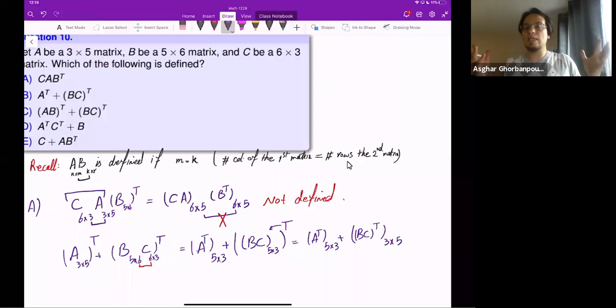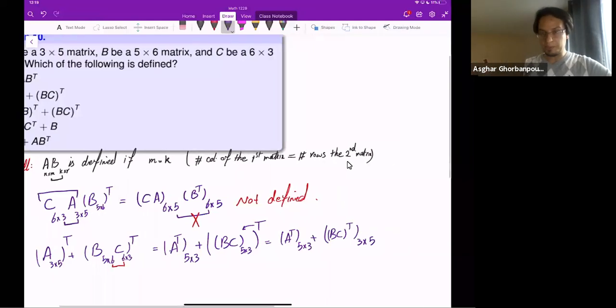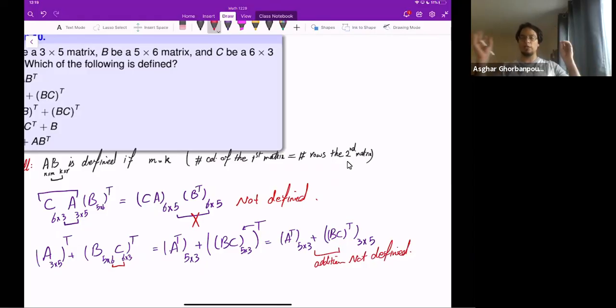I cannot add two matrices with different dimensions. So the products are defined, but the addition is not defined. For addition to be defined, the matrices that you're going to add or subtract must have exactly the same dimensions, same number of rows and same number of columns.